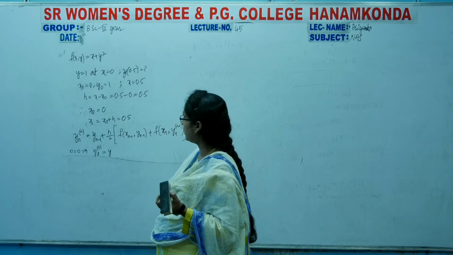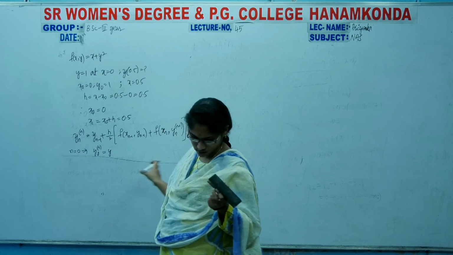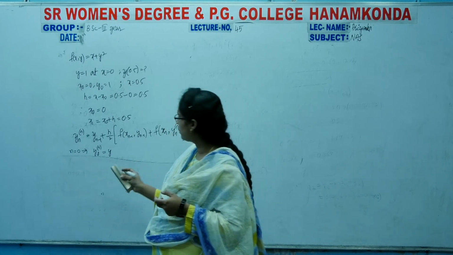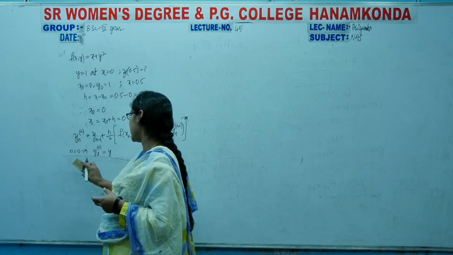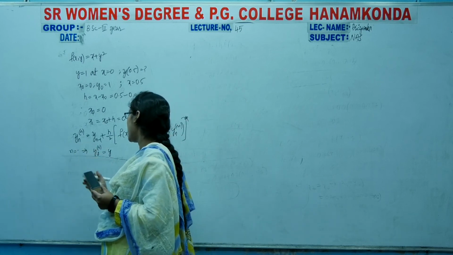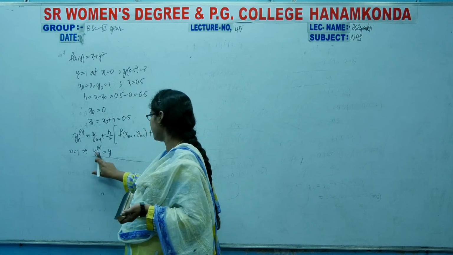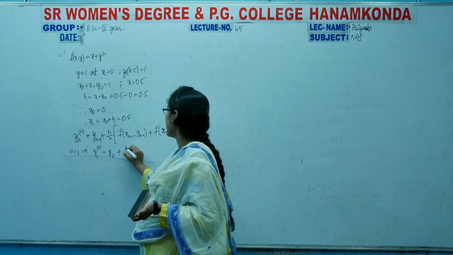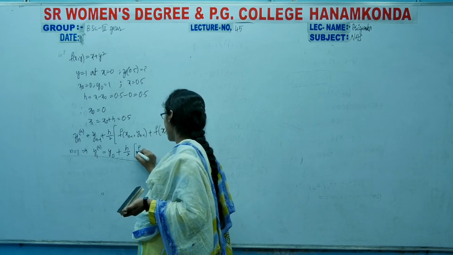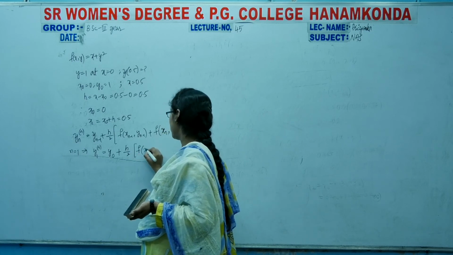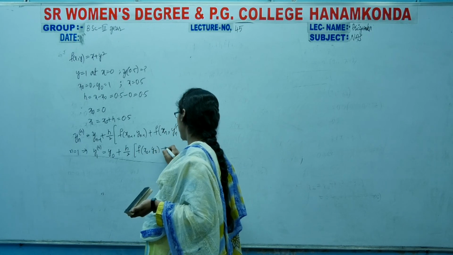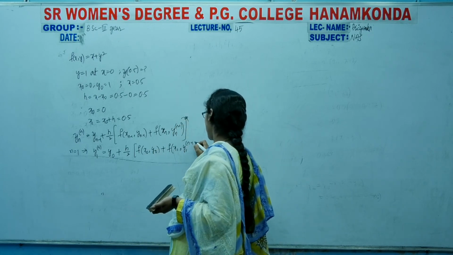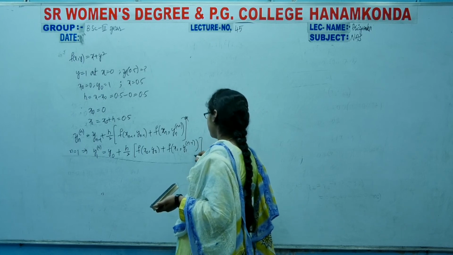Sorry, it is n equal to 1 now, because here we are getting the negative value, so that's why I am starting the value of n as 1: y naught plus h by 2 of f of x0 y0 plus f of x1 comma y1 whole power n minus 1.